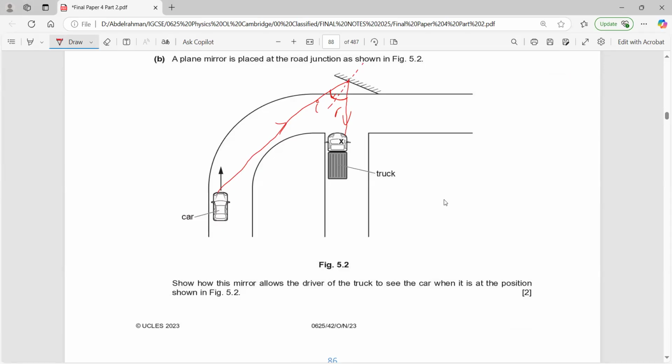If the angle is 15 degrees and you draw it 14 degrees, it's okay. It doesn't matter that much, but don't use your hands only. You must use a ruler and a protractor to measure the angle of incidence and the angle of reflection. This is the car, and now the truck driver can see the car more easily.